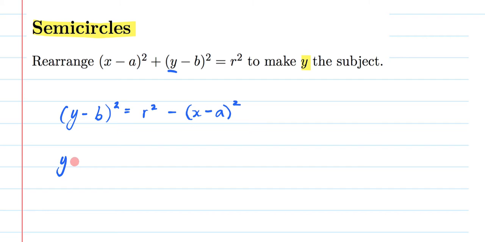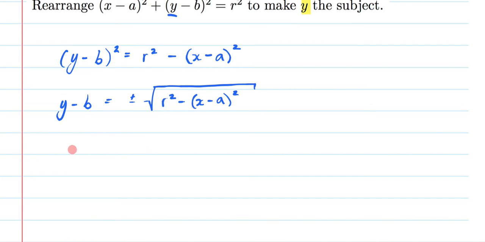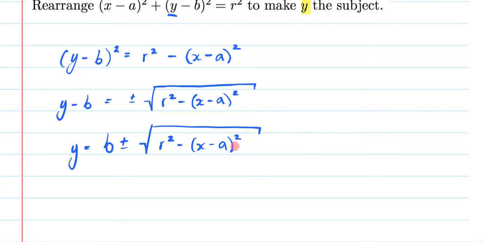So I'm going to get y minus b equals plus or minus the square root of r² minus (x - a)². This will be y equals b plus or minus the square root of r² minus (x - a)².